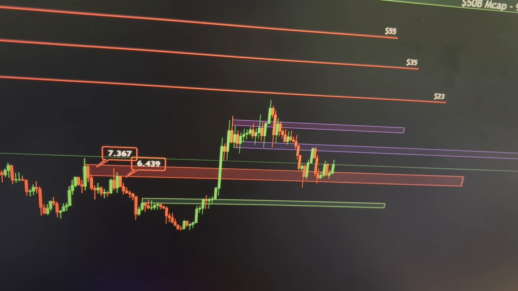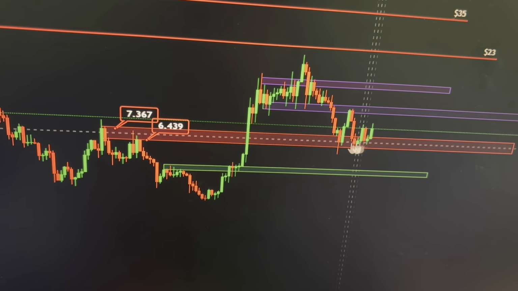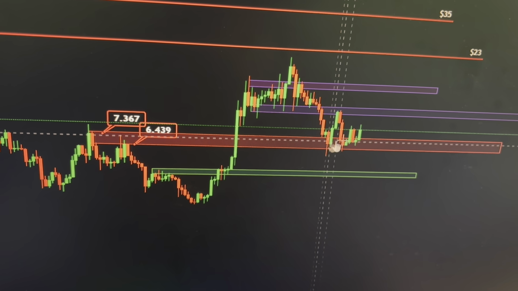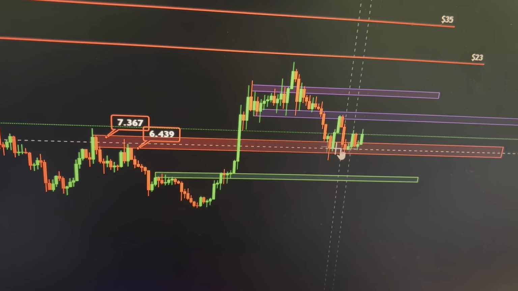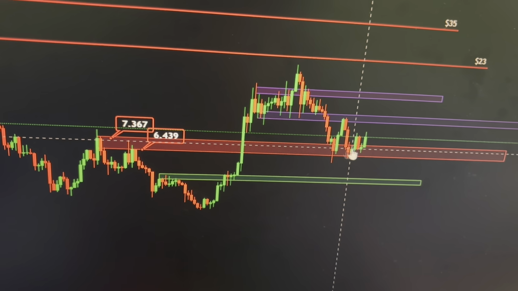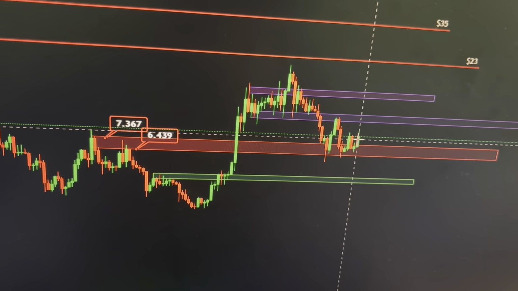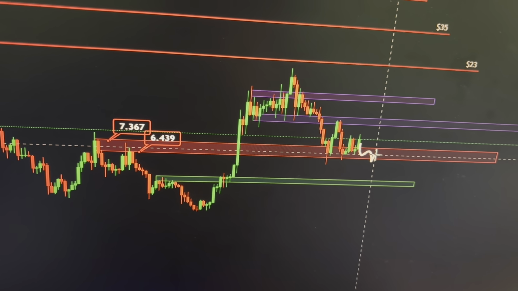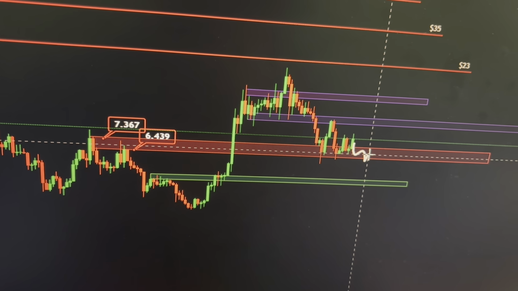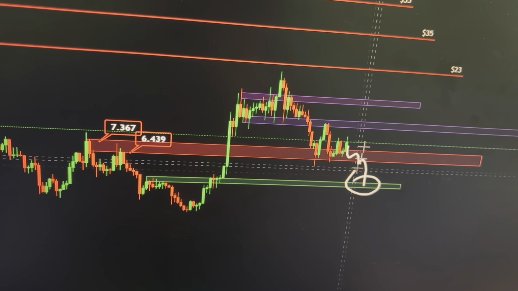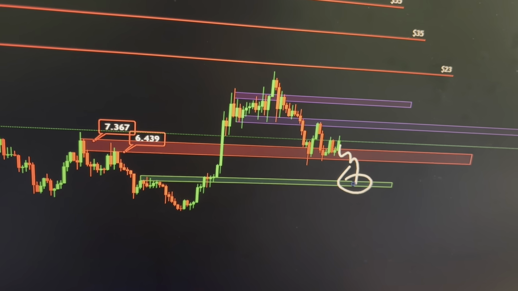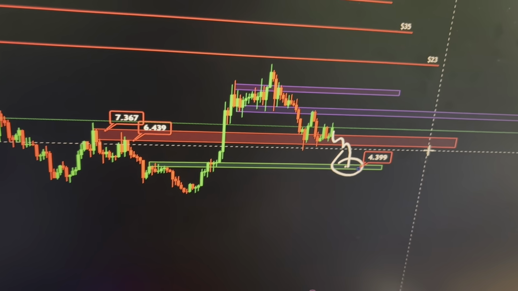Right now ICP is at a key support zone. We are respecting this level, and that is great to see because, like I've said, a break below the support zone could be dangerous. If we do break below this red zone, we could dump to the next support zone right here, at around $4.4.